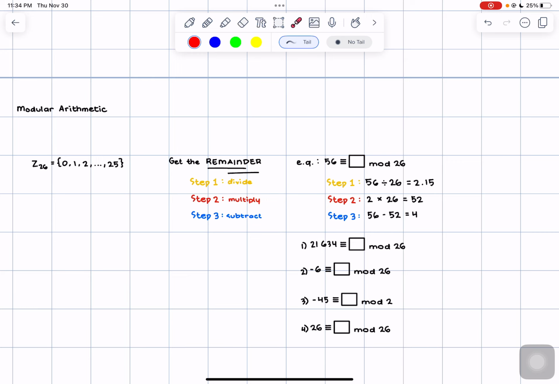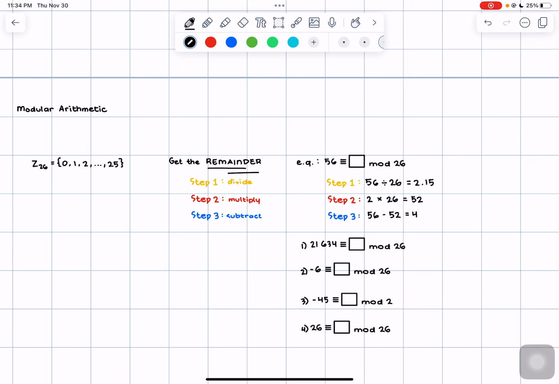In modular arithmetic, we make use of Z sub 26, or the integers mod 26, which consists of the numbers from 0 to 25. This means that after every 25 numbers, we go back to 0.